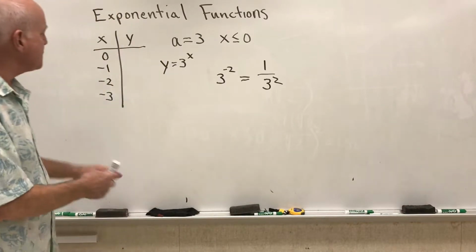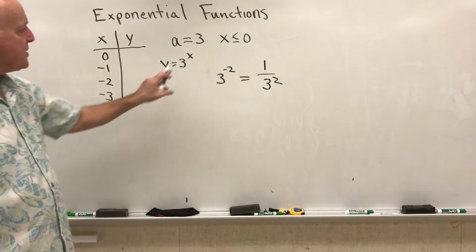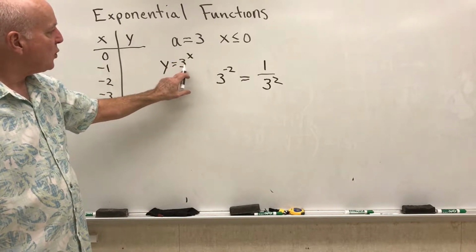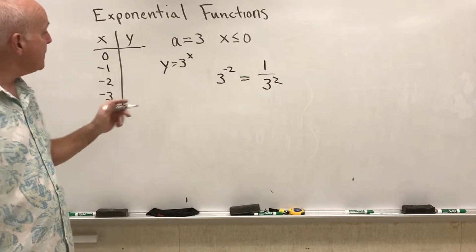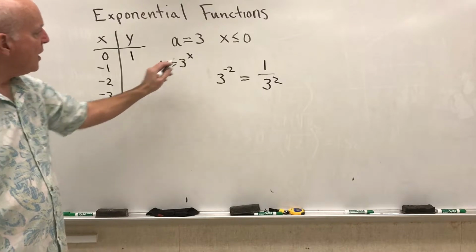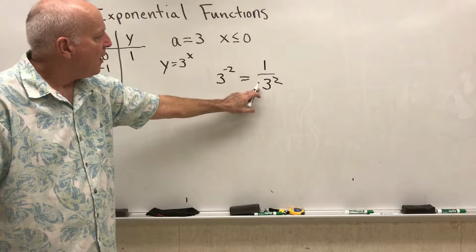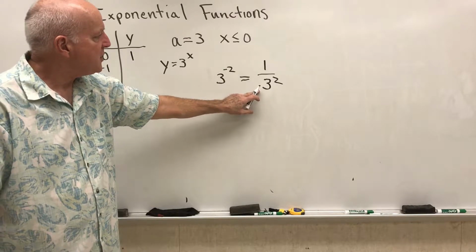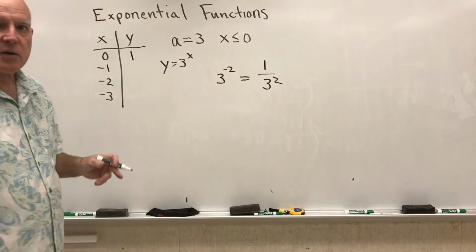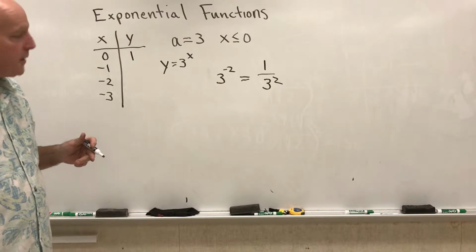So now, we can do this because we can say, oh, when x is 0, y is equal to 1 because 3 to the 0 power is 1. All right? When x is -1, guess what? We still are 1 over 3 to the 1. What is that? 3 to the 1 is 1/3.